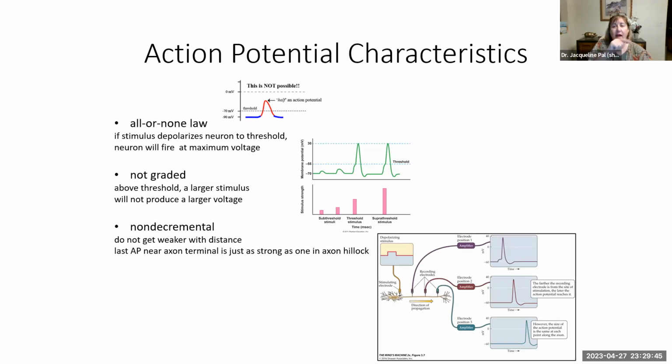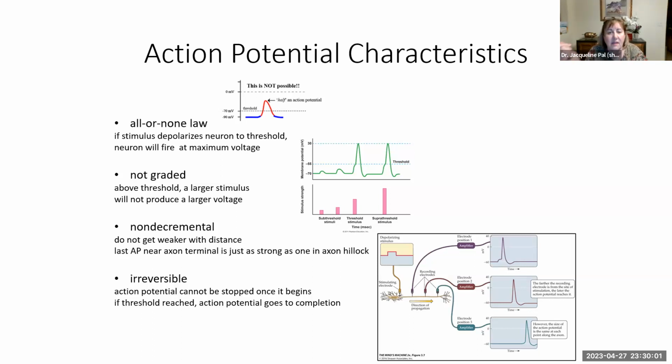What this means is as the action potential is traveling down the entire neuron from the axon hillock all the way down to the synaptic knob, this action potential is the same strength as this action potential down at the other end. And the last thing is this is not able to be stopped. It is irreversible. Once it starts, it's going to go to completion all the way down.